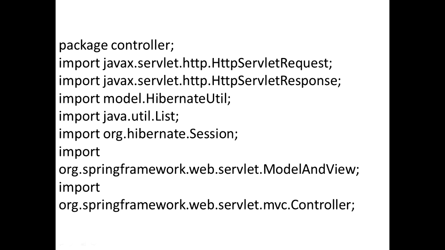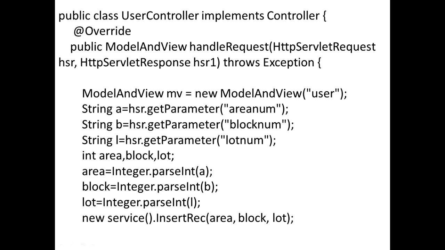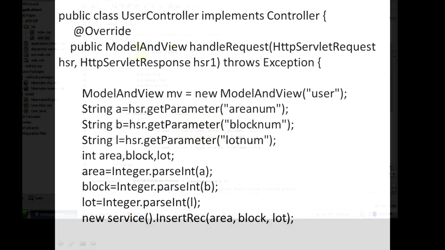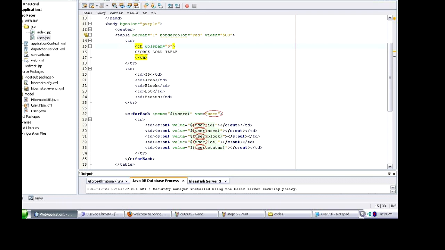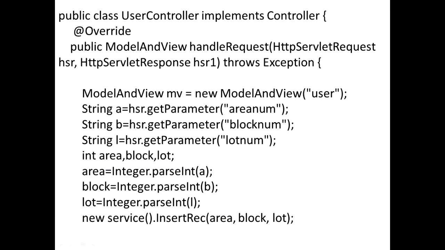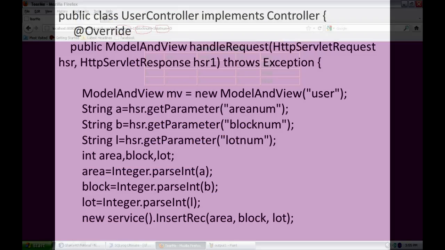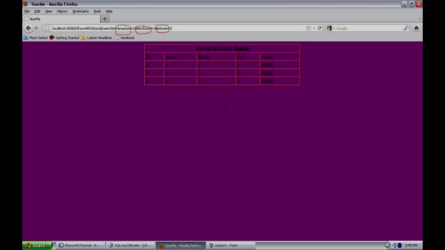These are the imports we will use for the UserController class. Public ModelAndView is a function that requests the values from the JSP in order to respond to other JSPs. ModelAndView mv is the name of the item called earlier in the user JSP, which is named user. String a, b, and l tells how the value of the text field is retrieved.